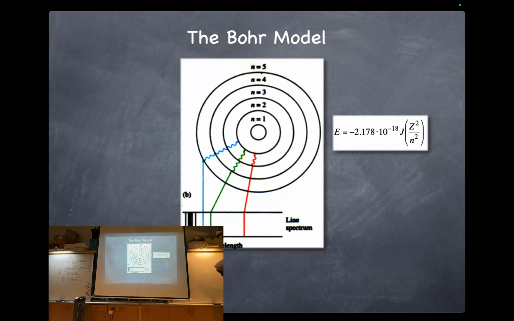After that, you're sort of at the edge of the atom for hydrogen, and it's complicated. Don't worry about it. What I need you to know is that visible light jumps are going to end in the second energy level. When an electron drops down, it gives off photons.